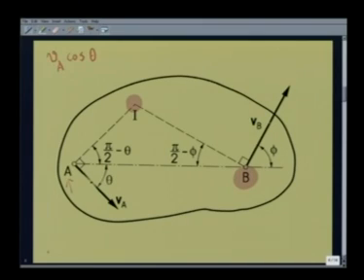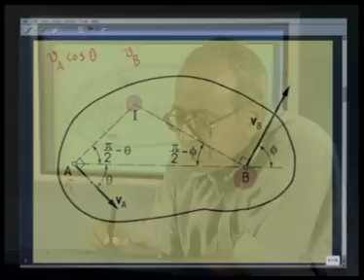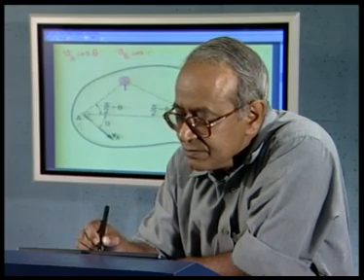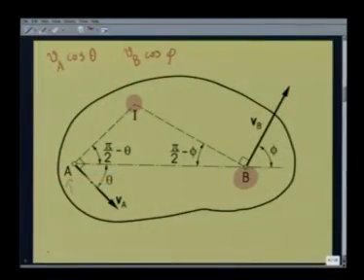The component of Vb in the direction of AB is Vb cos phi, where phi is the angle between the direction Vb and the direction AB. Now, the distance AB never changes. That means these two velocity components must be the same. That is, the component of Va along AB must be the same as the component of Vb along AB, because the distance AB never changes. So, I can put Va cos theta is the same as Vb cos phi.